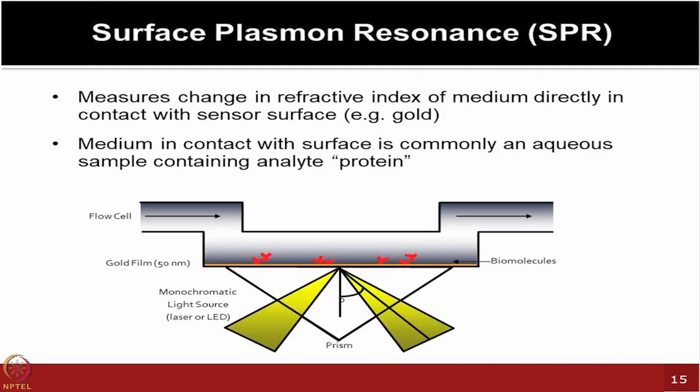Then comes the SPR technology, which is surface plasmon resonance, to which you are already exposed. On a prism and on a gold slide, you have certain antibodies printed, for example, and some protein molecules are flowing here, and as you see the binding happening by changing the percentage reflectivity, you can measure those things in a real-time manner.